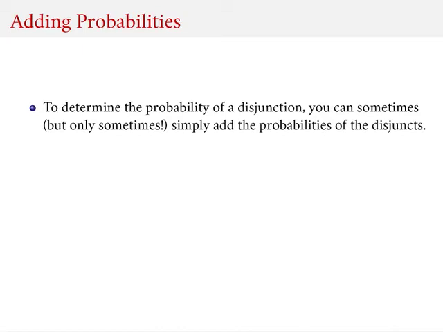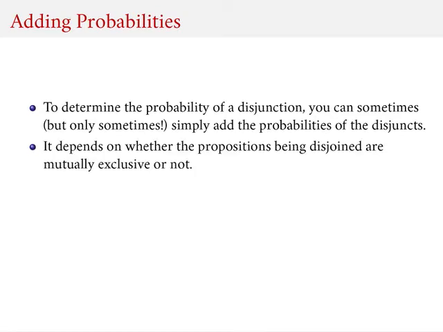And the way we do that is sometimes simply add the probabilities of the disjuncts. Now it's important to know that we can only do this sometimes, and I'll tell you exactly when in a moment. It depends whether the propositions being disjoined are mutually exclusive or not.